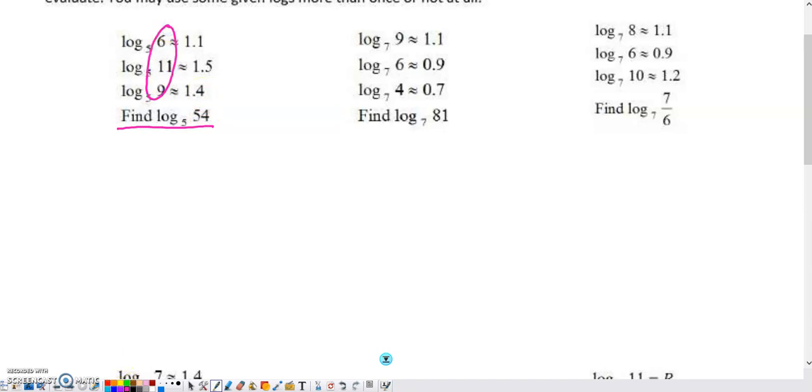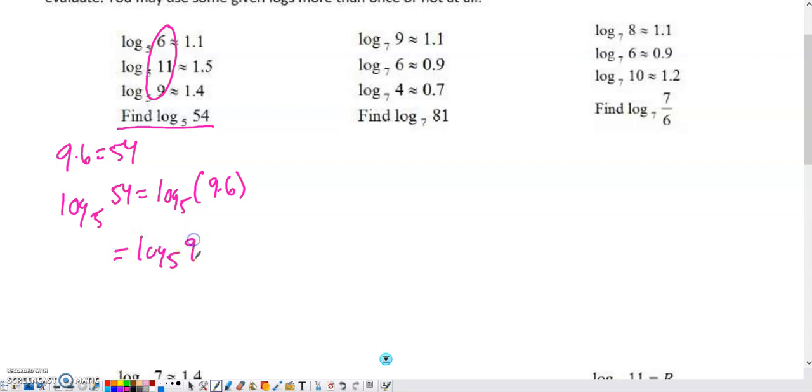Can you multiply any of them? The answer is yes. 9 and 6. 9 times 6 is equal to 54. So I can rewrite log base 5 of 54 as log base 5 of 9 times 6. By the product property, we can split them up, okay, and make log base 5 of 9 plus log base 5 of 6.